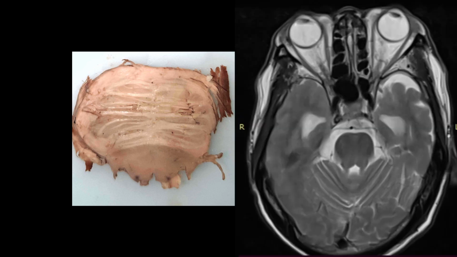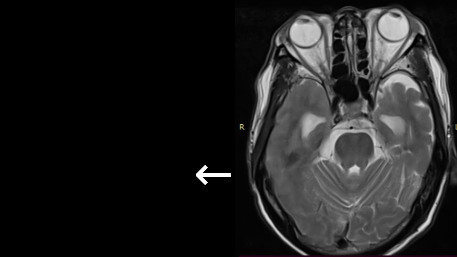Aside from the pontocerebellar fibers and the corticospinal tract fibers, the trigeminal nerve enters or exits the pons at this level. You can also see the brachium conjunctivum or the superior cerebellar fibers exiting the pons to go up into the midbrain.